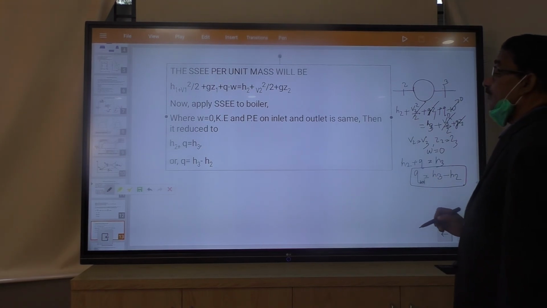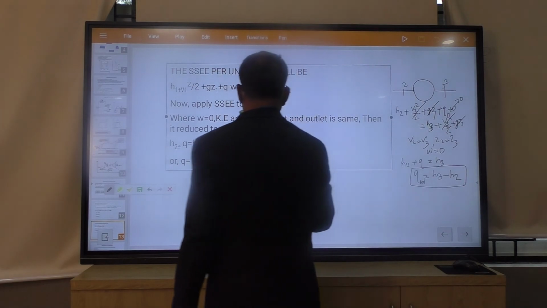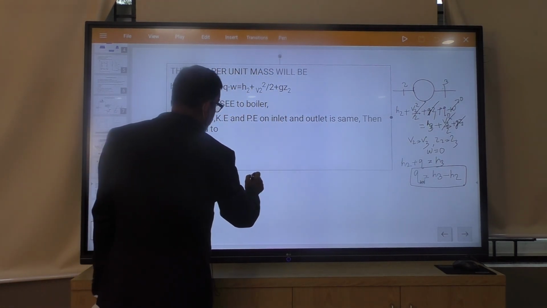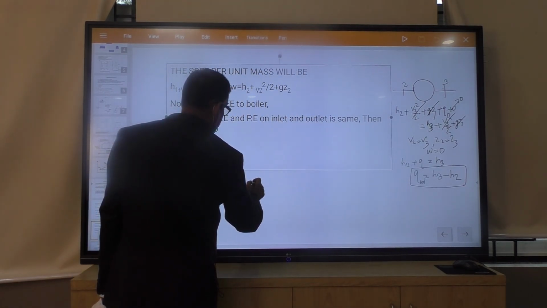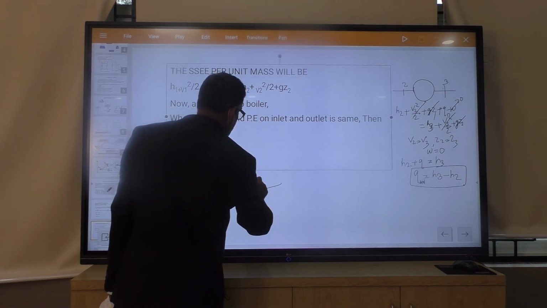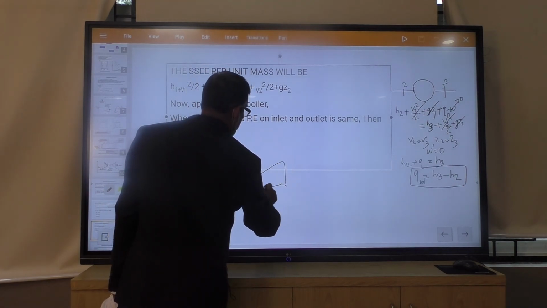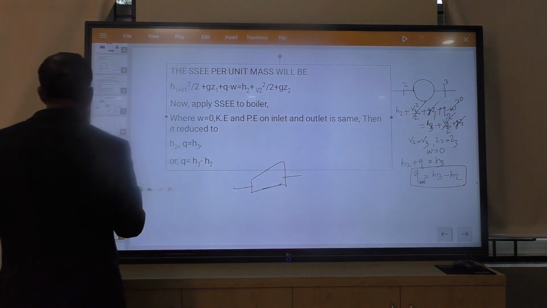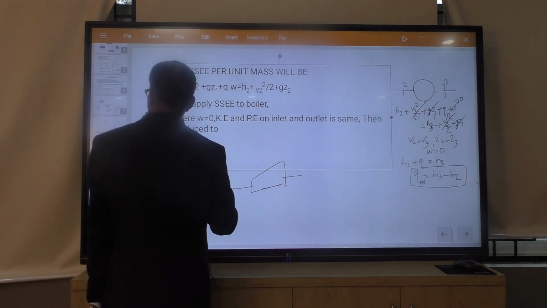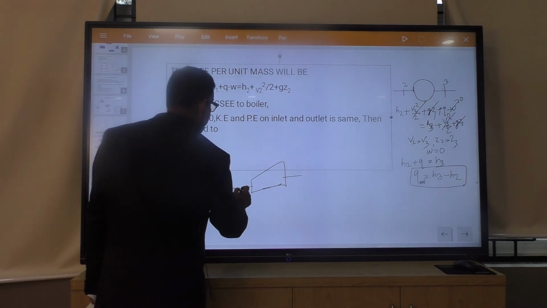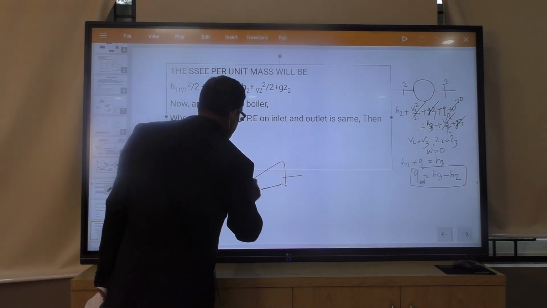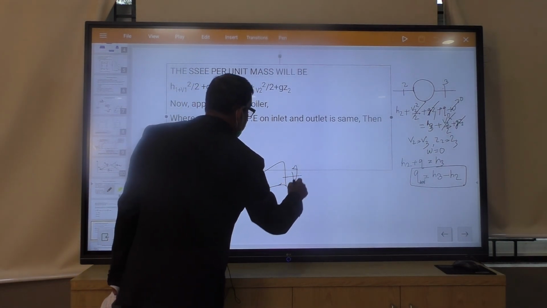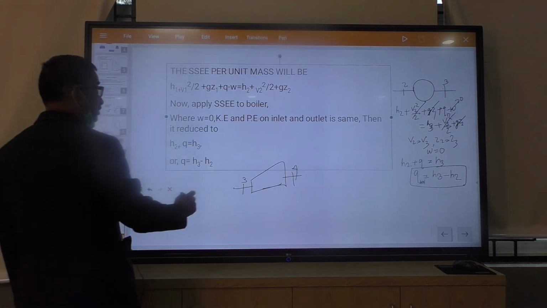Similarly, you can solve for turbine. Suppose now this is a turbine. In turbine, what are the states? 3 is the inlet, 4 is the outlet. This is 3, this is 4. As per our cycle, this is the steam turbine.